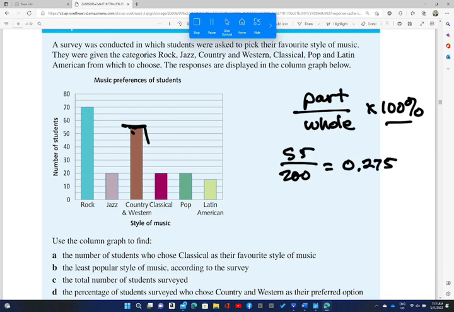Then you either multiply that by 100% or simply move the decimal two places to the right, which gives you 27.5%. Yes? There we go. So that reminds you of how to do the percentages. Part over whole and then move the decimal.